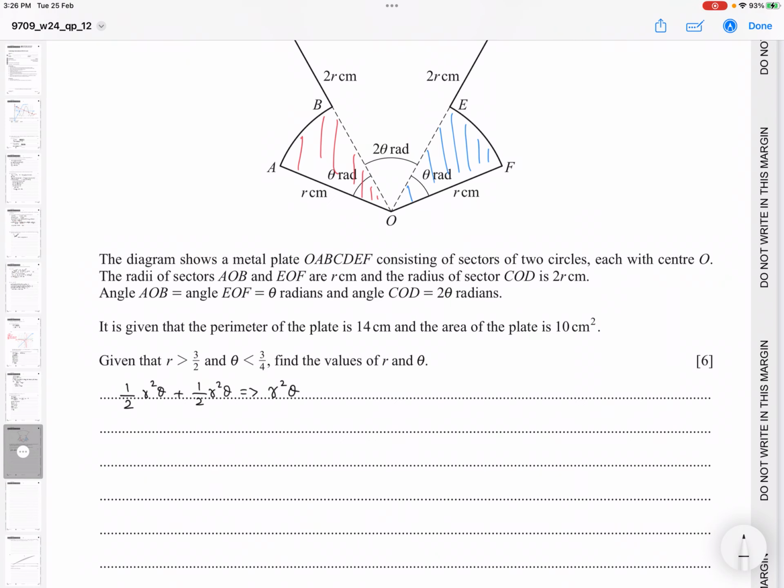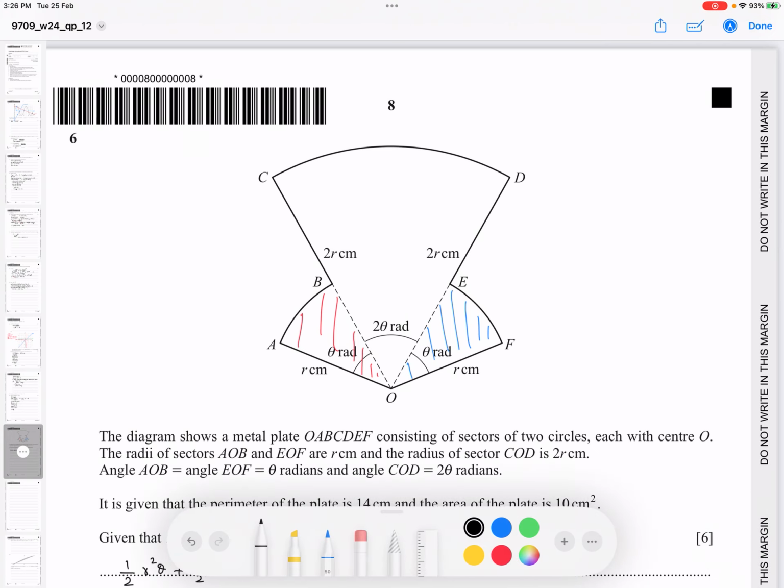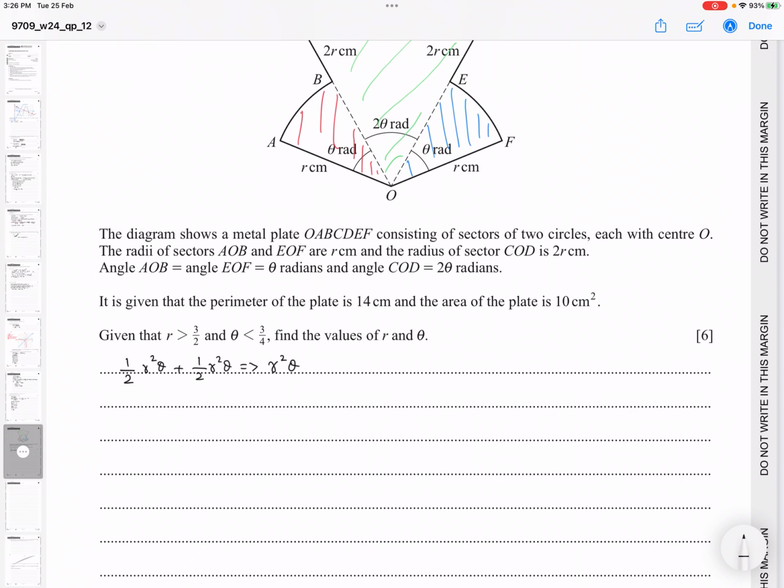So area of sector COD, make it green shade. So again use 1 over 2 r square theta, so my r is 2r, square it, my theta is 2 theta here, and this gives me 4r square theta.